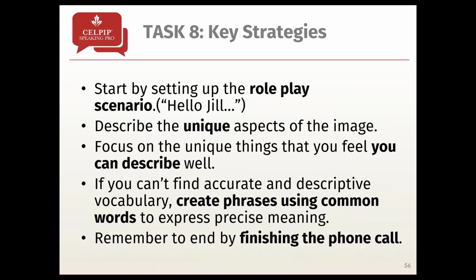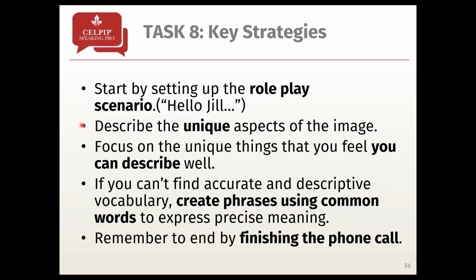So to summarize for task 8, key strategies. First of all, start by opening the phone call. Hello, whoever it is. Now, when you're describing the image, focus on the unique things that you feel you have some chance of describing accurately, okay?